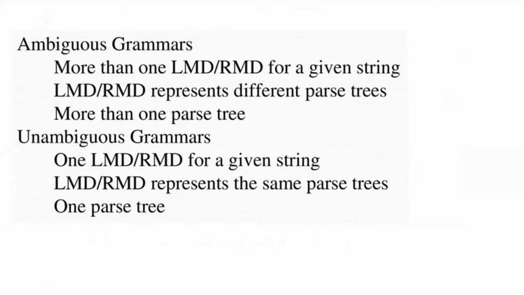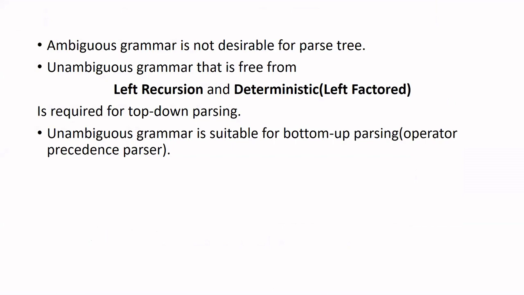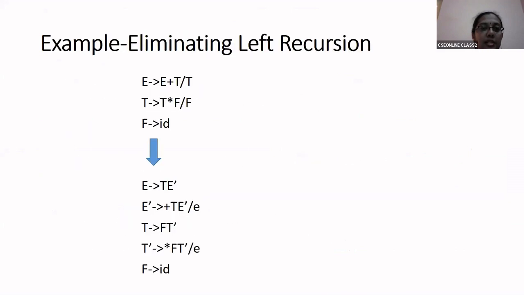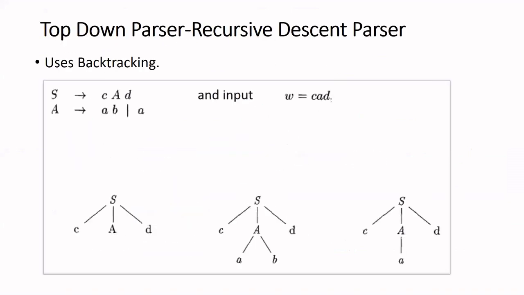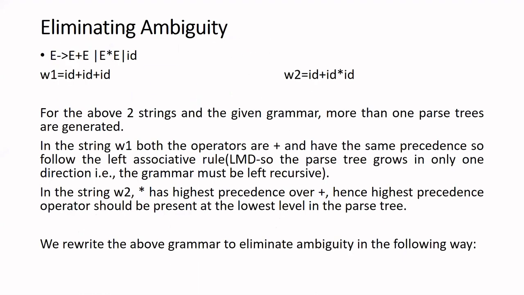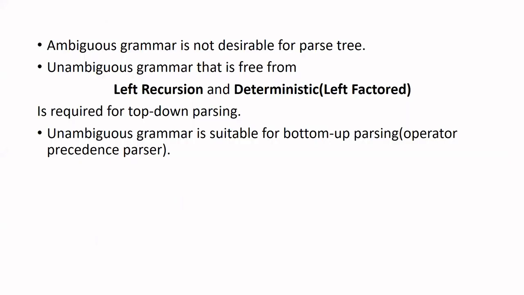Before going to eliminating the ambiguity, I'll just tell you what the requirements are for the grammar before it is parsed. There are three different rules so that the grammar can be parsed using the top-down parser or the bottom-up parser.